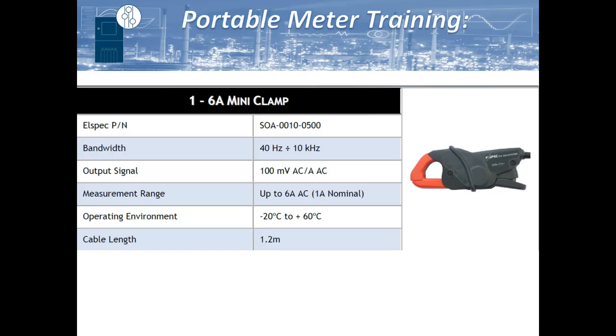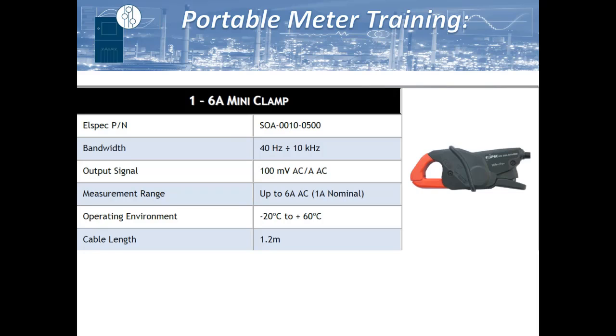So for reference, we've got a couple of different types of CTs we're going to go over as well. The first one is the 1 to 6 amp mini clamp. What this clamp's primary purpose is for secondary metering of current transformers. So this is the probe that's going to go onto the secondary of your 500 to 5s to where you have 5 amps max current.